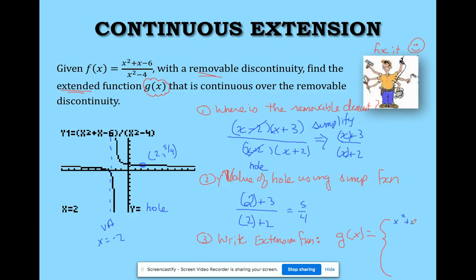I want my new function to behave exactly like my original function, except at the hole. X does not equal 2. So I know x cannot equal negative 2 as well, right? That's my vertical asymptote. I can't fix it. This is me going to fix the hole.